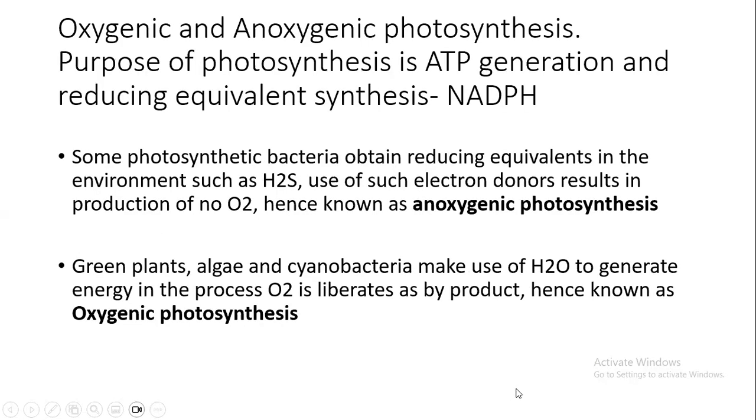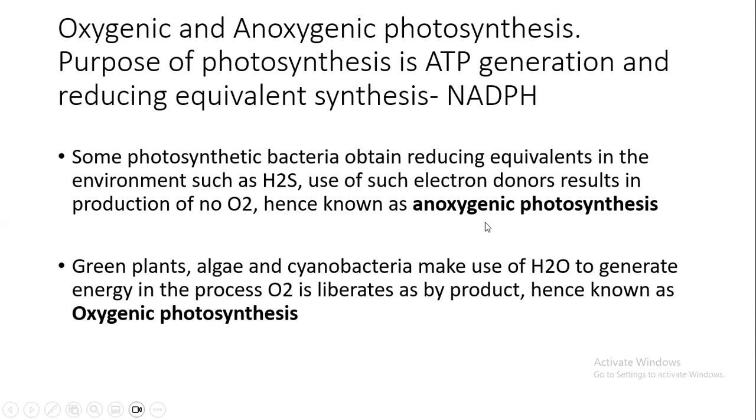Now coming to the types of photosynthetic processes, they can be broadly categorized into oxygenic and anoxygenic photosynthesis. The purpose of all the photosynthetic reactions is to generate ATP and reducing equivalents, and also sugars during the dark phase of photosynthesis.